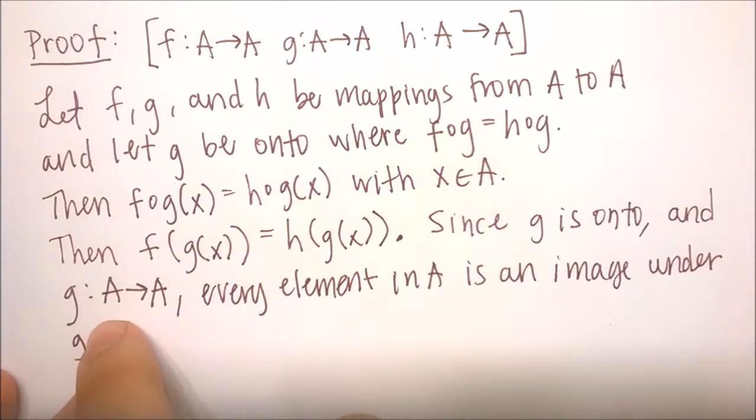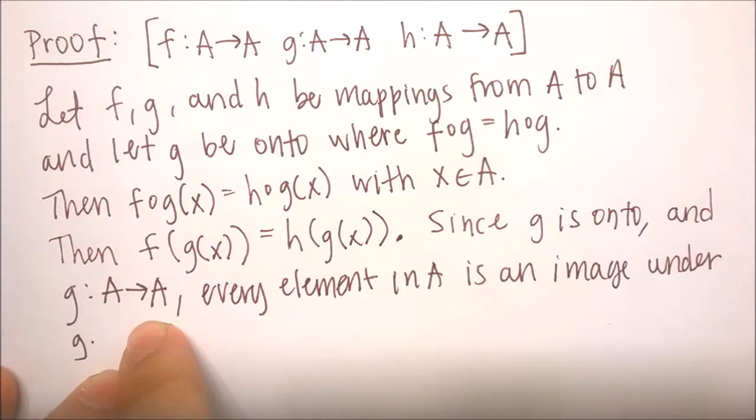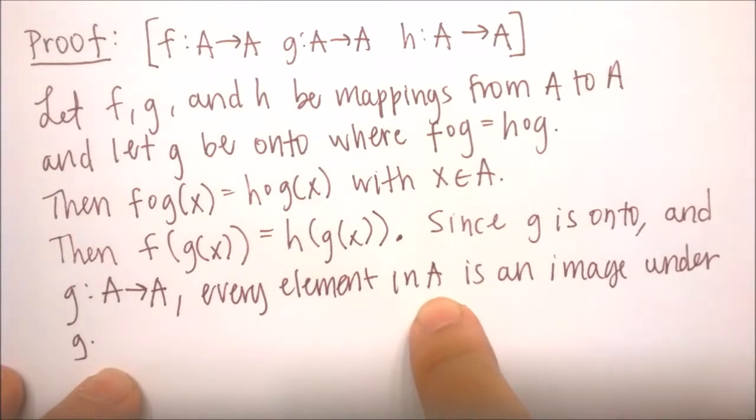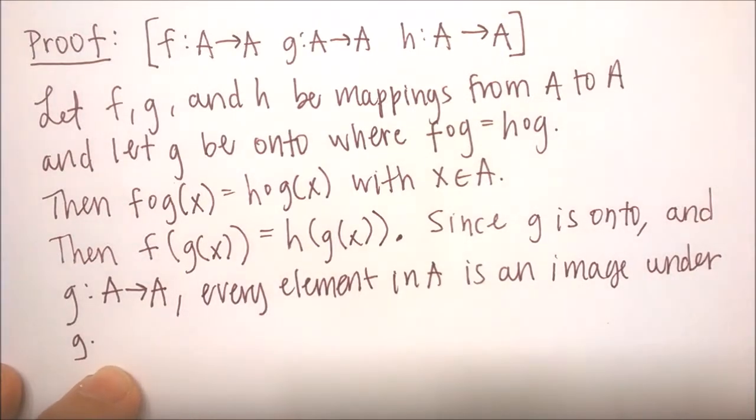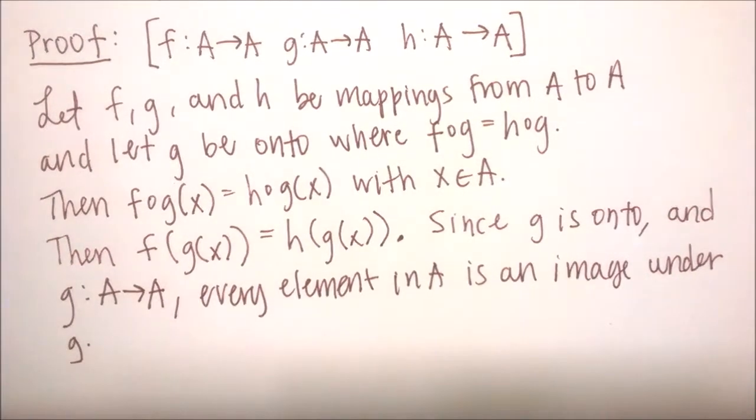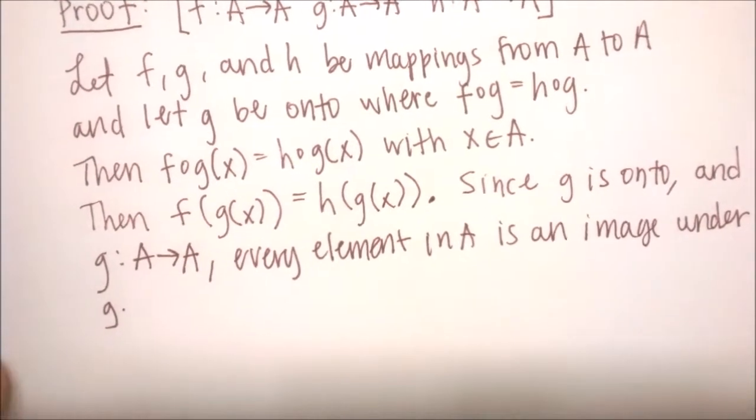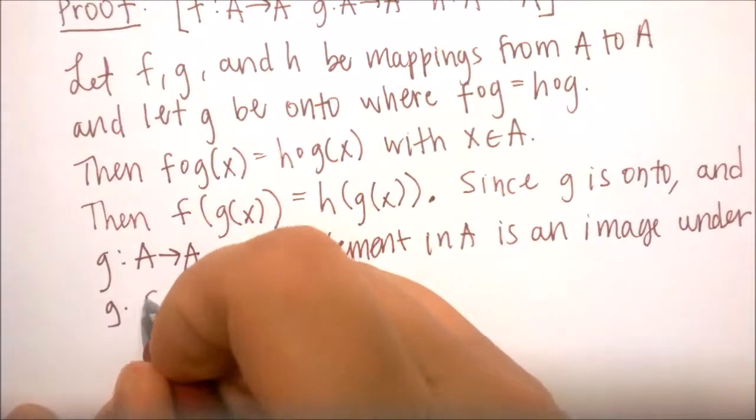And since it's mapped onto itself, every element in A will be an image, meaning it has a mapping under the function G.